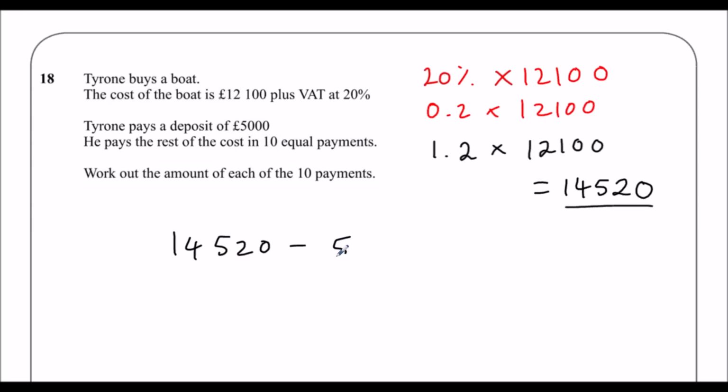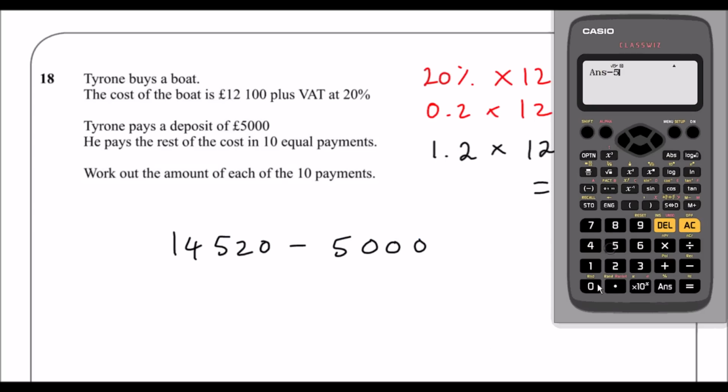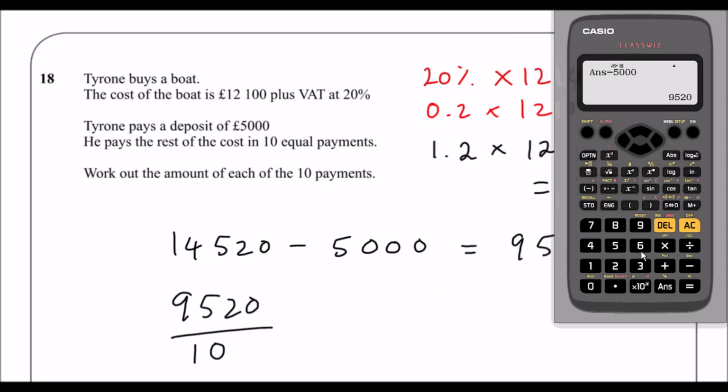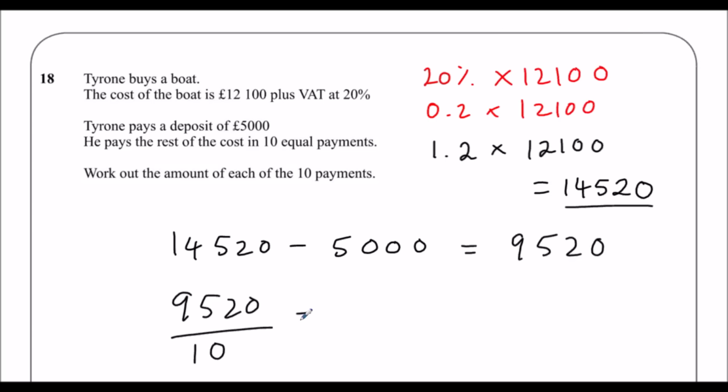So let's take that off and see what he's got left to pay. 9,520 left to pay. And he's going to pay that in 10 equal payments. So split that amount of money into 10 payments. £952.